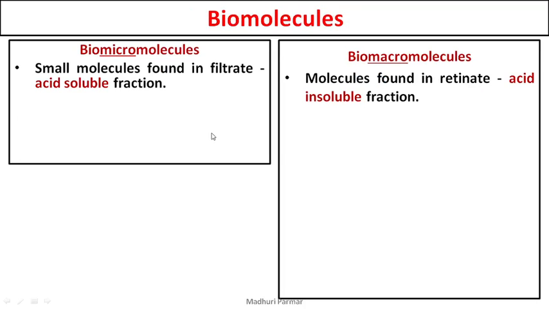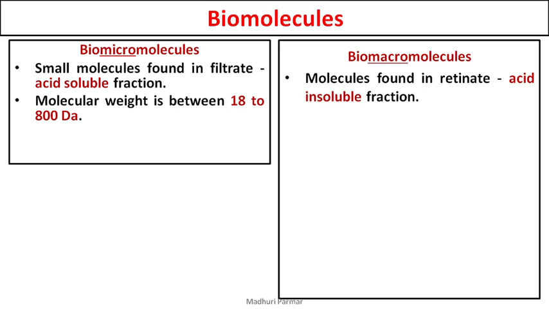Wherever you hear the word micro, it means extremely small. Biomicromolecules are small molecules found in the filtrate, in the acid soluble fraction. They are soluble in trichloroacetic acid. The molecular weight is between 18 and 800 Dalton.